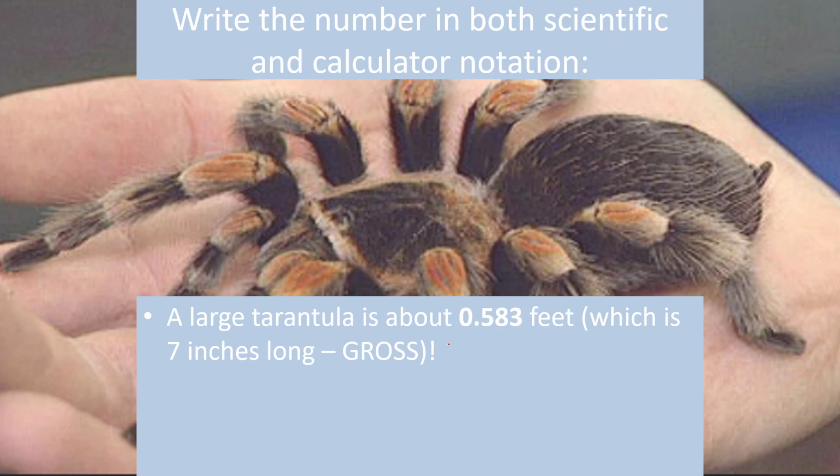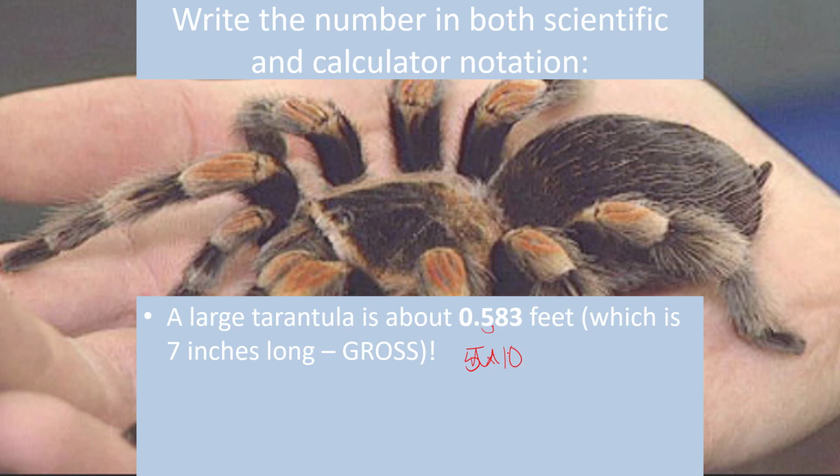Yummy. Now in scientific notation, we're going to move the decimal over 1 place. So we will have 5 times 10. All right, we're moving over 1 place, which means we have a positive power.